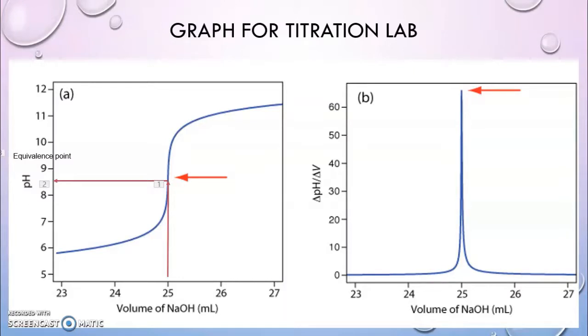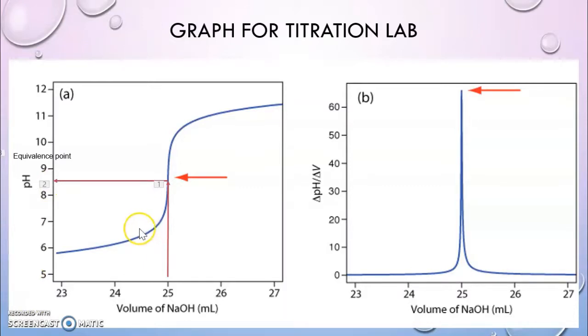First of all, you need to draw a line from the equivalence point volume of sodium hydroxide to the titration curve, and the value of pH which is adjacent to the straight line will be the pH where the equivalence point occurs.